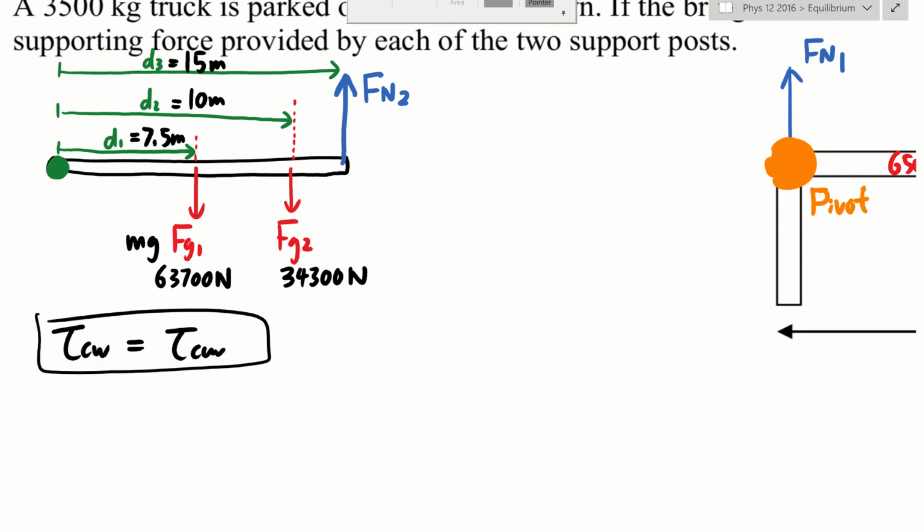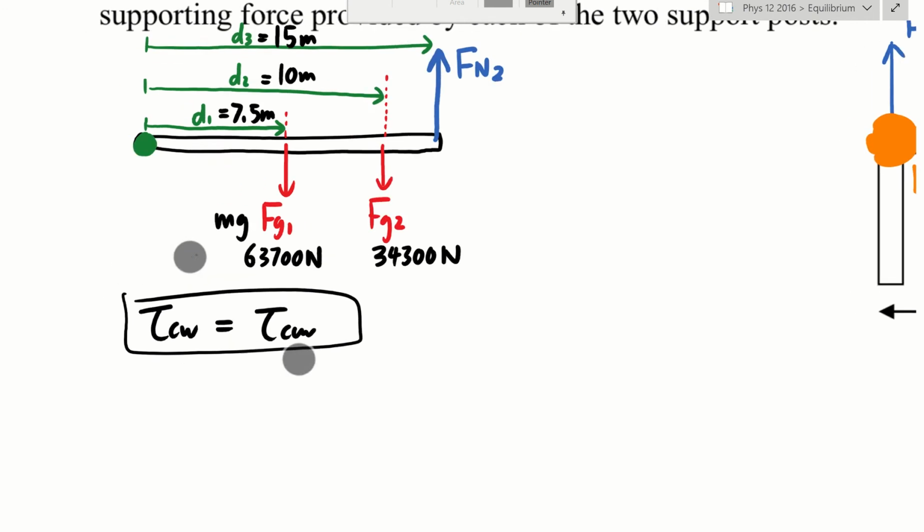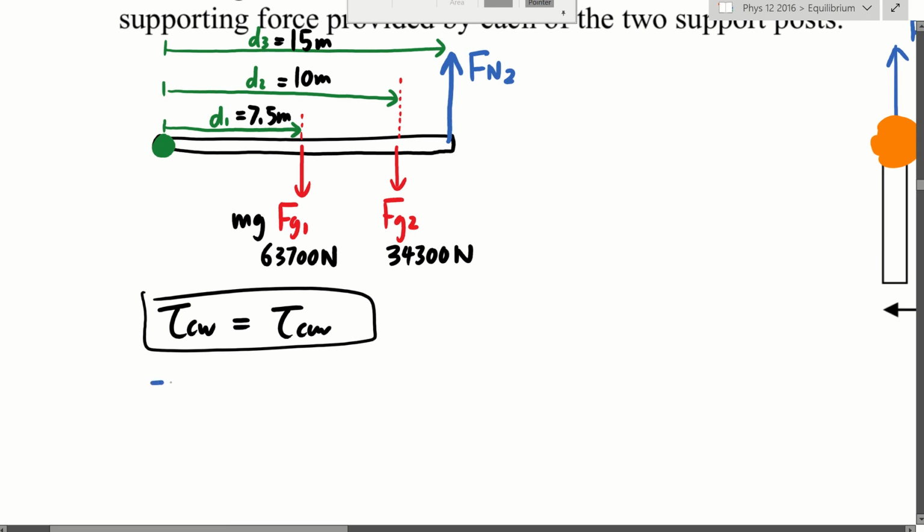Let's start with clockwise. Which force goes clockwise? Fg1 and Fg2, they're both clockwise. So you go Fg1 times D1 plus Fg2 times D2. Now these two are clockwise, so then we move on. Counterclockwise is Fn2 times D3.